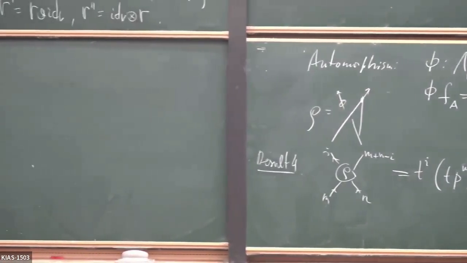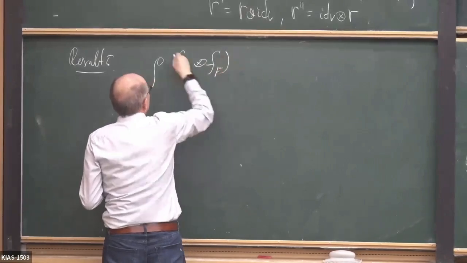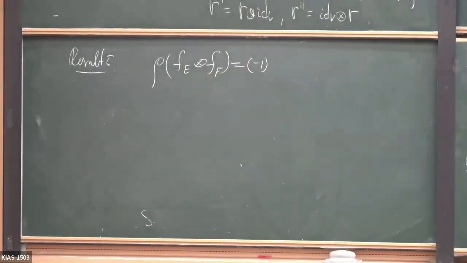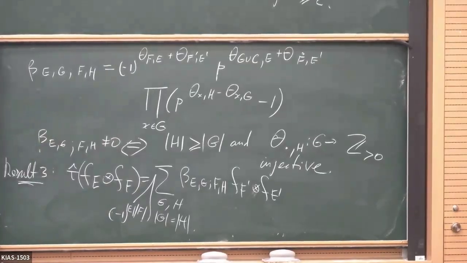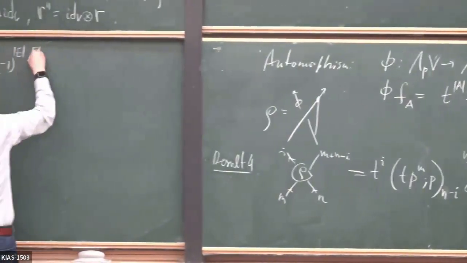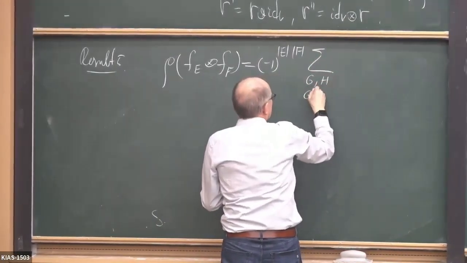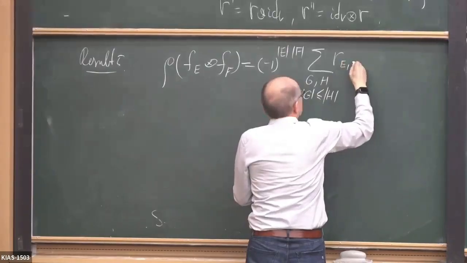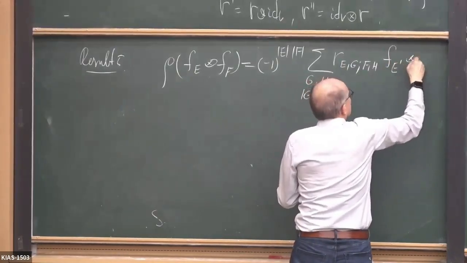Result 5: rho acting on E tensor F is minus 1 to the power size of E times size of F, some supersymmetric sign factor, likewise here, and a sum over G, H, but this time with G and H of equal size, of R(E, G; F, H) times F E prime tensor F prime.